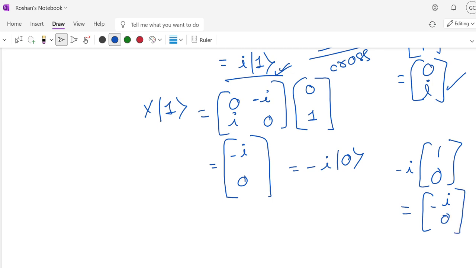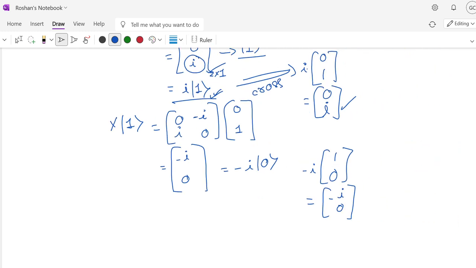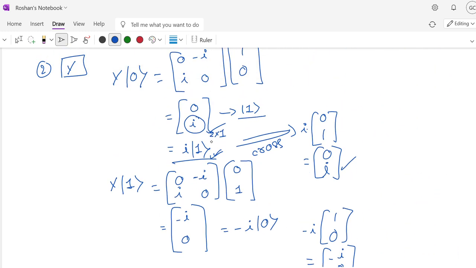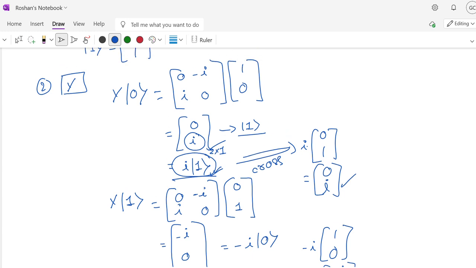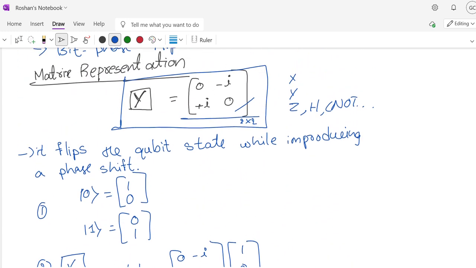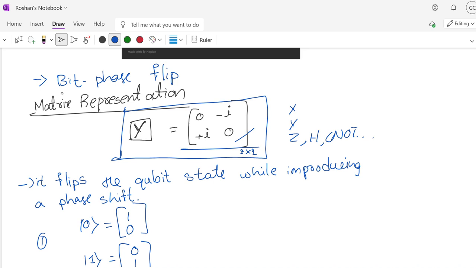Perfect. Now, you will be wondering how it flips the bit as well as the phase. That is the reason it has the name bit phase flip. It flips the bit, which means the 0 bit is flipping into the 1 bit, and its phase also.